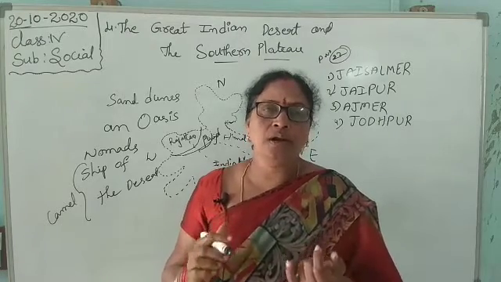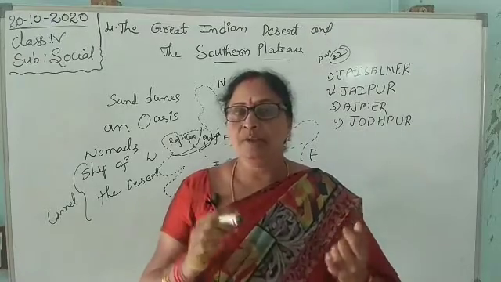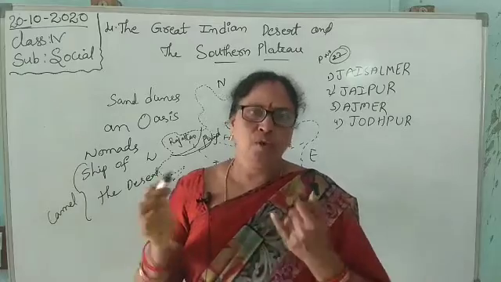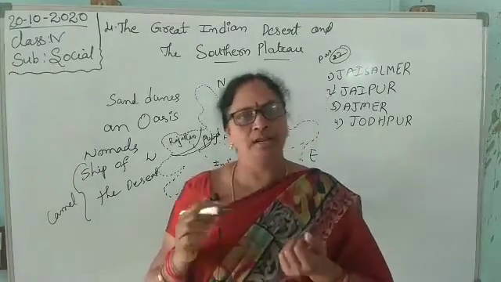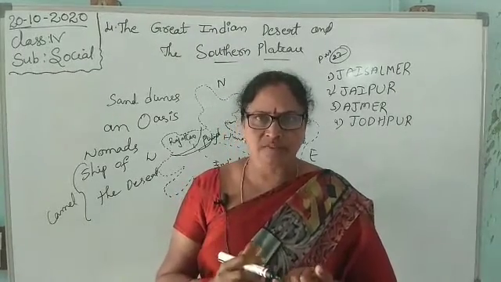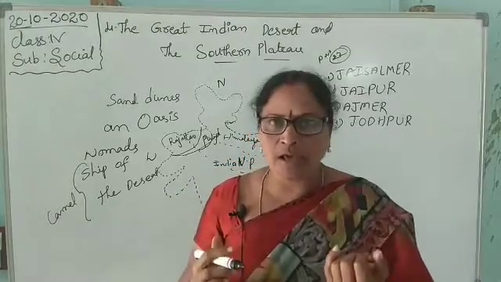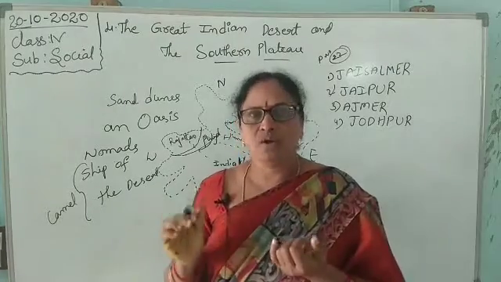Only some people can live in this place, the people who lead the nomadic life. Nomadic life means the people move from one place to another in search of food for themselves and their cattle. Those people are called nomads.